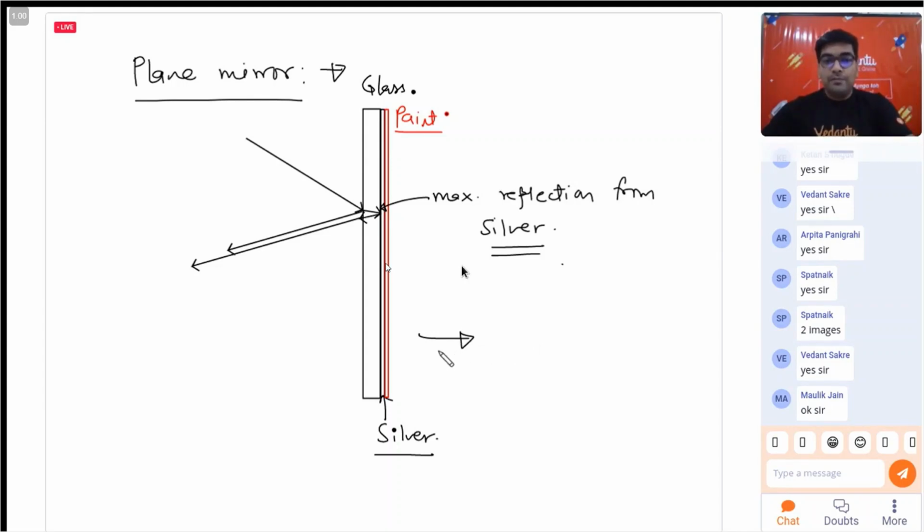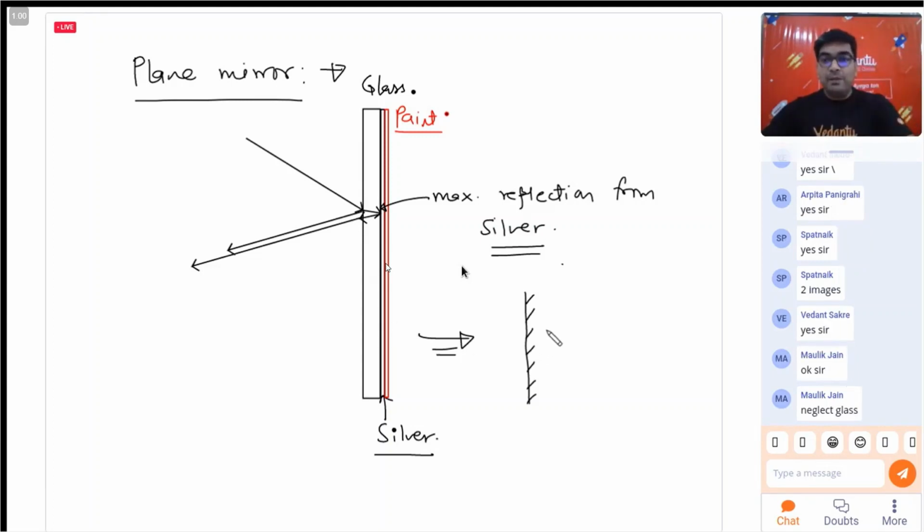Okay, so effectively, what do we say? We actually neglect the thickness of glass, and most of the time when we draw a plane mirror, we draw this. So which part of the mirror is this? We only represent the silver part of it. We neglect the thickness of glass. Okay.